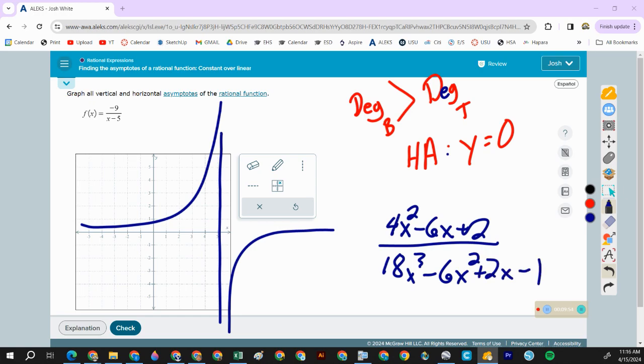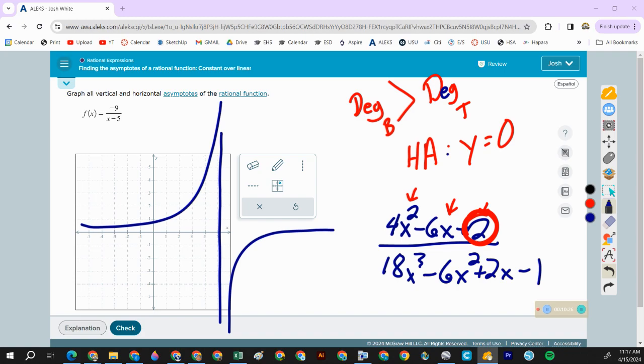All right, if you look at this, what happens when I plug in huge numbers? When I plug in huge numbers, so 4 times a huge number squared minus 6 times a huge number plus 2. How much of an effect is that 2 going to have on my answer, if x is really big?